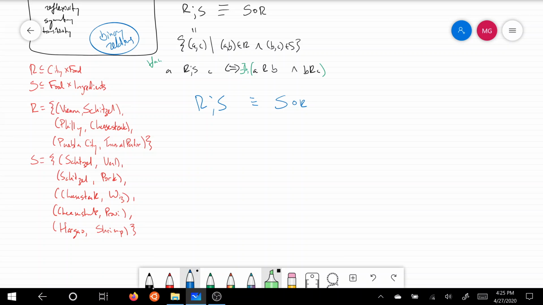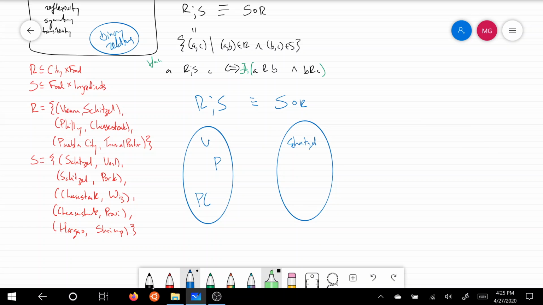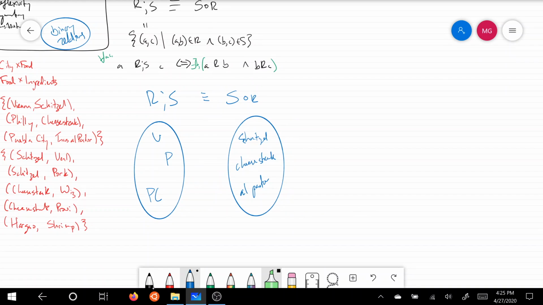You can sort of draw a diagram that looks like this, right? So we have Vienna, Philly, and Puebla City. And then we have some foods: schnitzel, cheesesteak, al pastor.